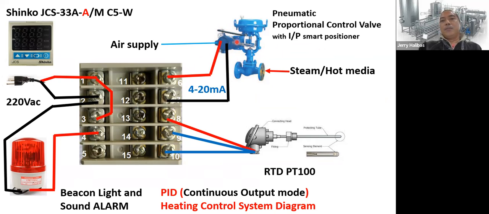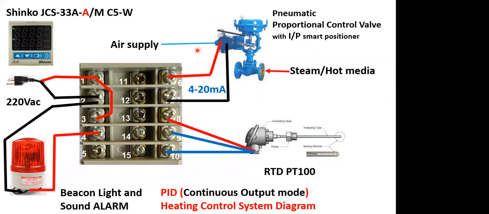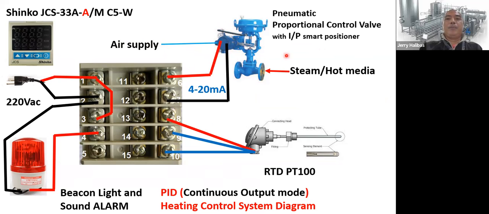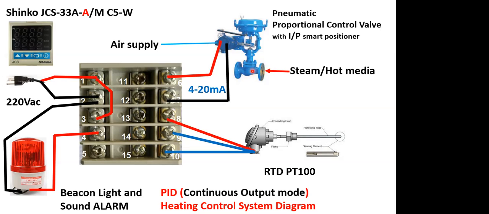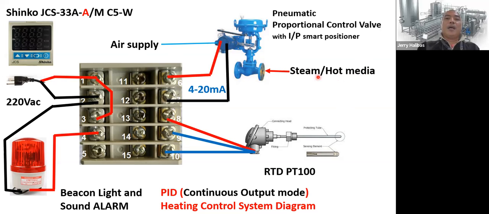Since this is a smart positioner, you supply the air here, through what is called an I to P, current to pressure converter. Then here in the valve is your steam or hot media. It can be hot water, if it is a heating control system.